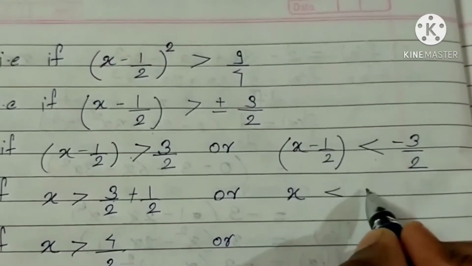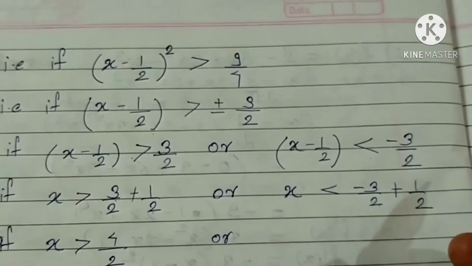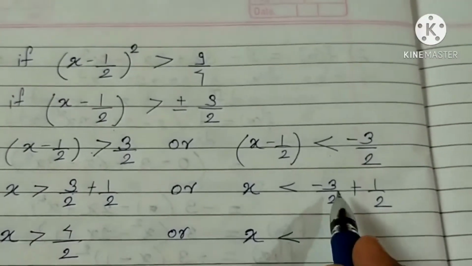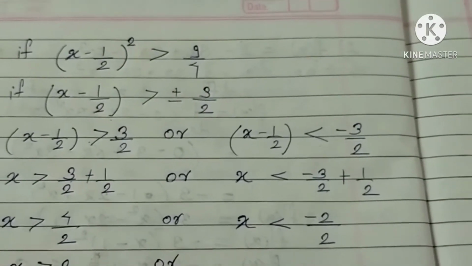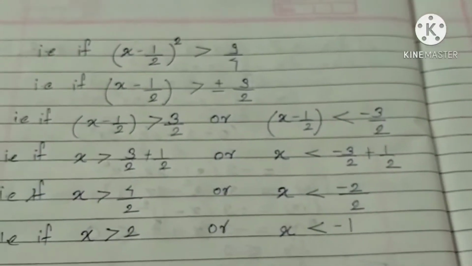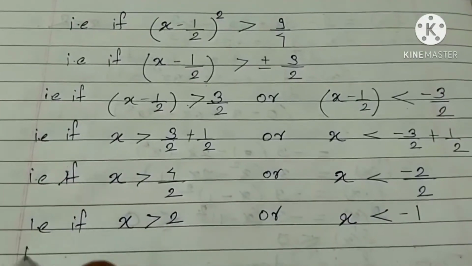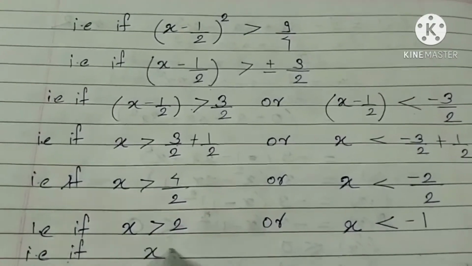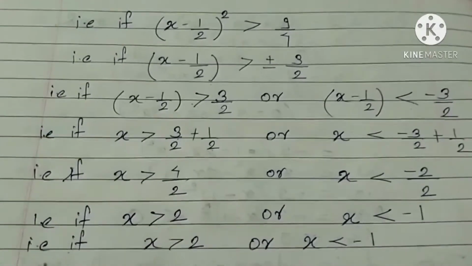Here minus 3 upon 2 plus 1 by 2, because it is minus sign, so it goes to RHS side, then it will become positive, that's why. And this minus 3 plus 1 is minus 2. So here x is less than minus 1. Okay. Now that is if x is greater than 2 or x is less than minus 1.